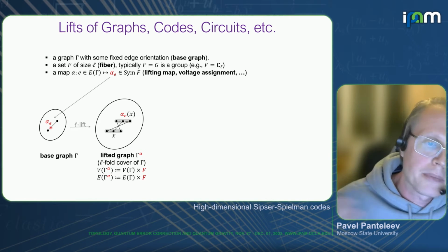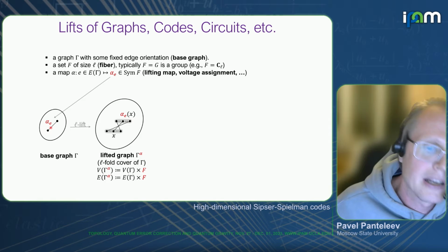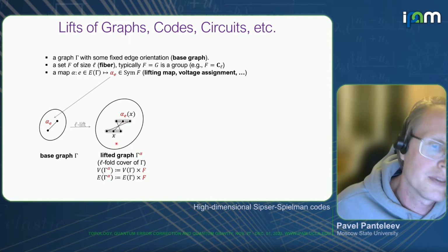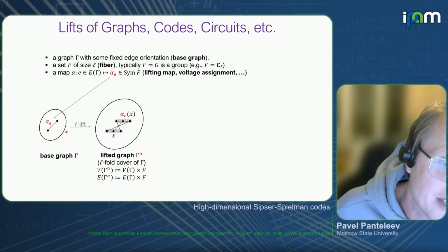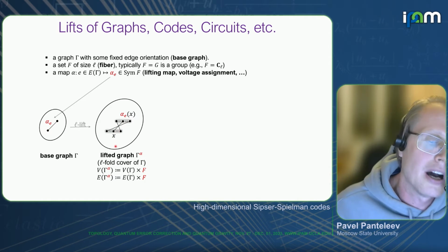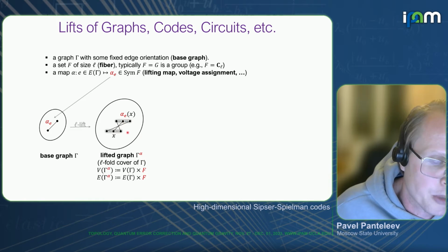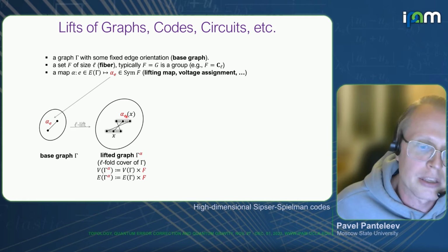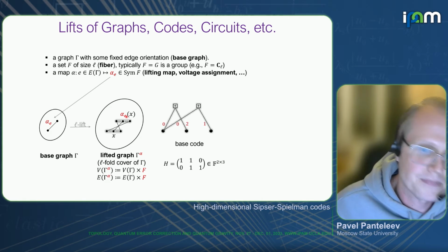In this way, we obtain what is called an L-lift. We obtain an L times larger graph, and we replace each edge with L edges, and we connect these L edges using this permutation. This is what is usually called in topology an L-fold cover.